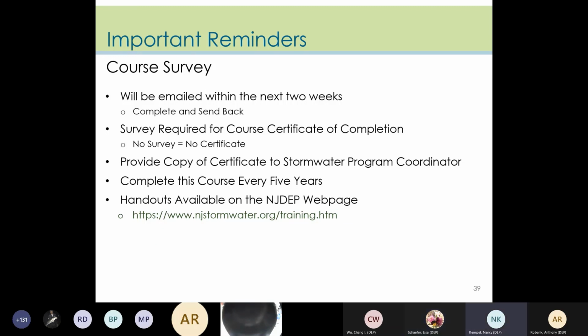Has NJDEP audited NJDOT? Yes. Our staff did not do any compliance audits, but enforcement does inspect them. And I believe we did have one county DOT that was audited by EPA, if I'm not mistaken. But 2020 was going to be the year where we were going to start to audit the non-municipal MS4s.